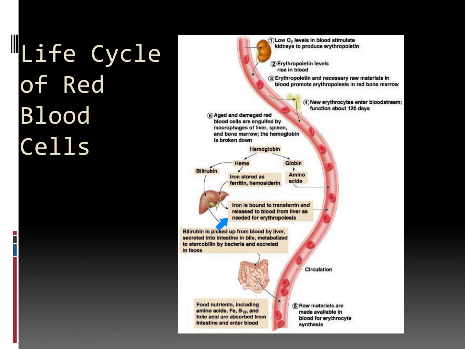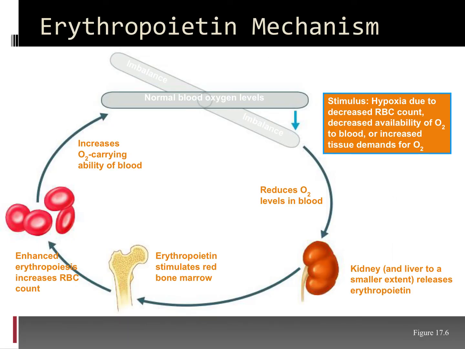And then bilirubin in the liver, which we'll talk about later when we talk about babies and jaundice. And then those raw materials can be used again. Here is the EPO mechanism. You can see when oxygen is low, we make more red blood cells. When oxygen's high, then that doesn't happen.